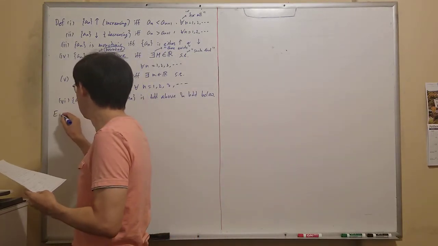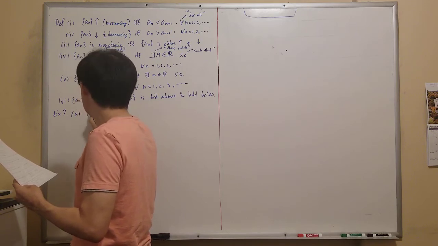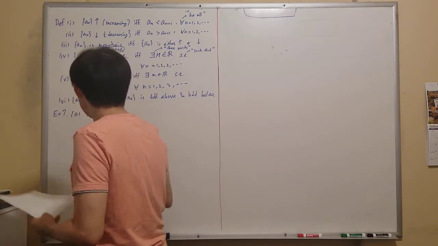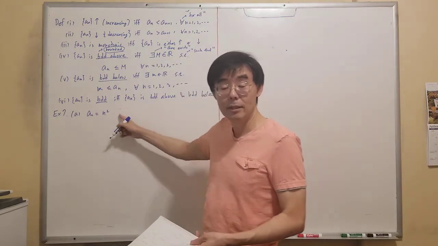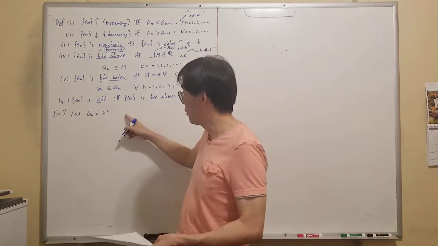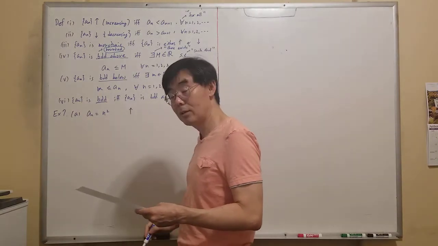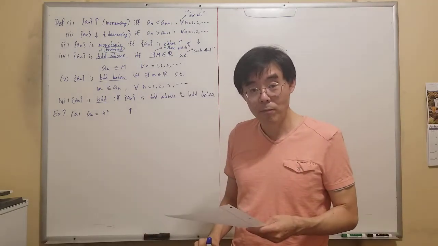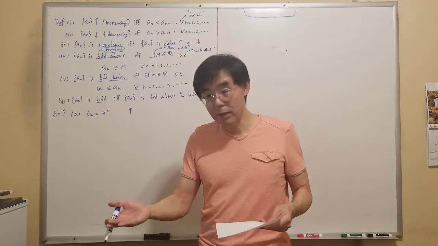So let's see some examples. a_n equals n squared: 1, 4, 9, 16, 25, 36. This is an increasing sequence, obviously. And 1 is the smallest value, so every term is greater than or equal to 1.